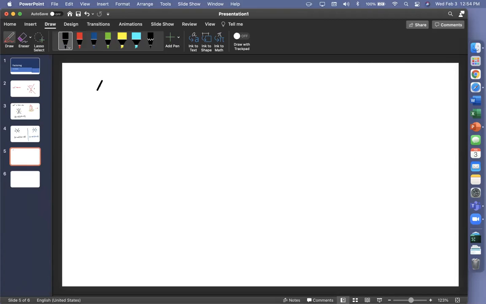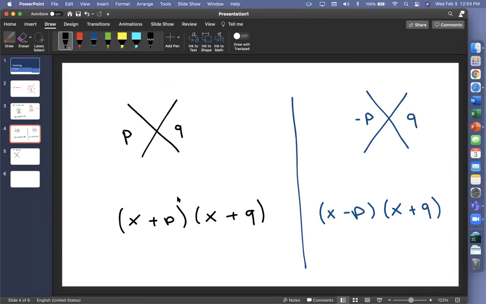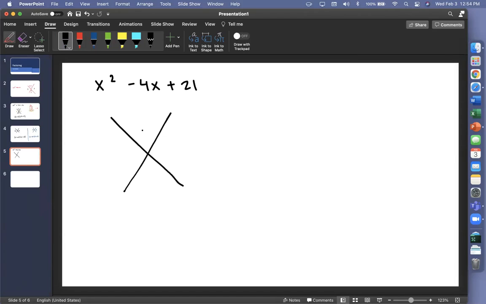So scenario 1, both of our unknown numbers are positive. Let's do another example. x squared minus 4x plus 21. We are going to draw the x because we are using the X method. My a times c is 21. a is 1. 1 times 21 is a positive 21, and my b value is a negative 4.